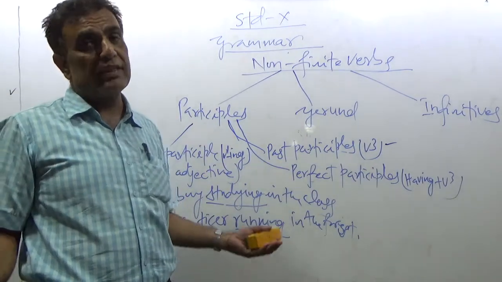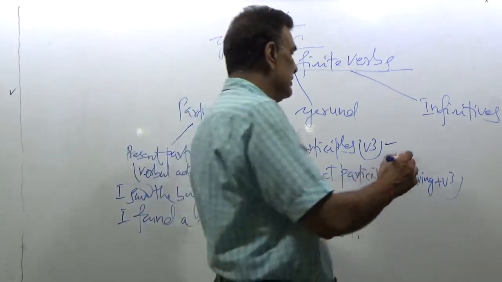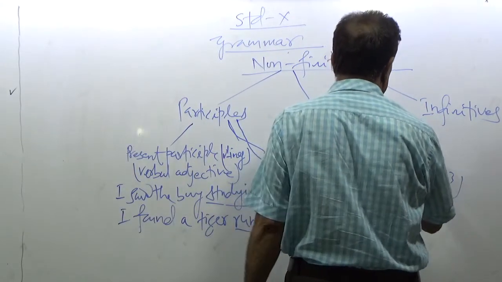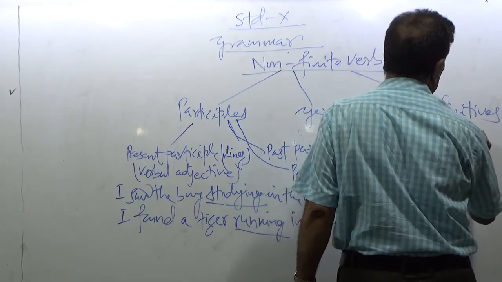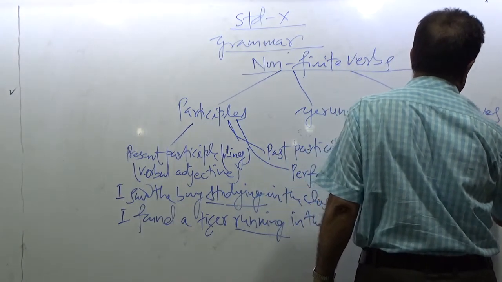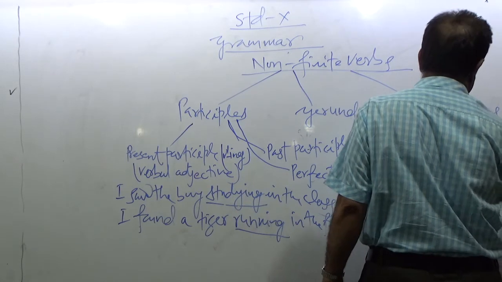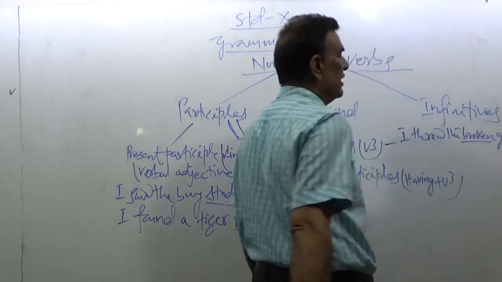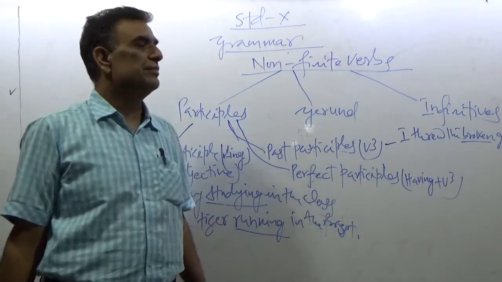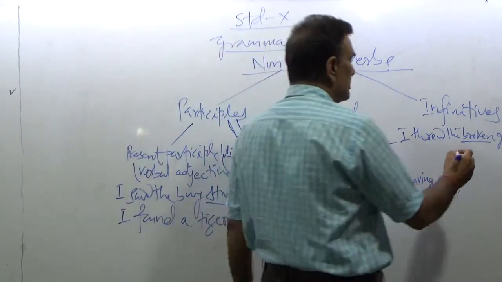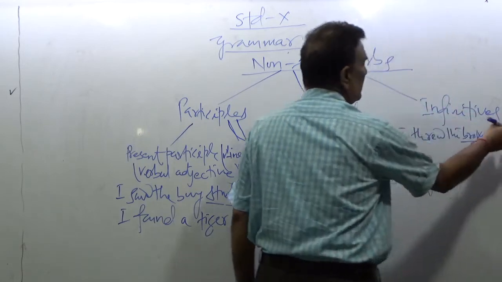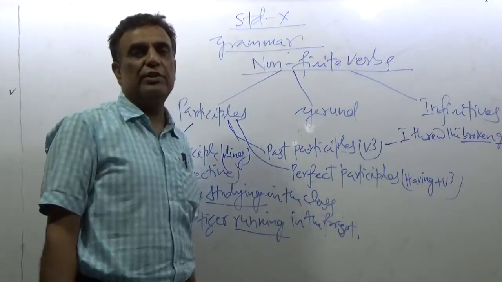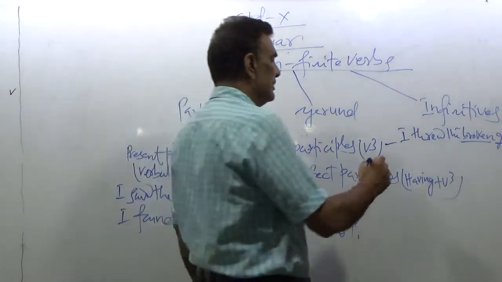Function is of an adjective, as you see. I threw the broken glass. Here this broken, this is a past participle, qualifying glass.